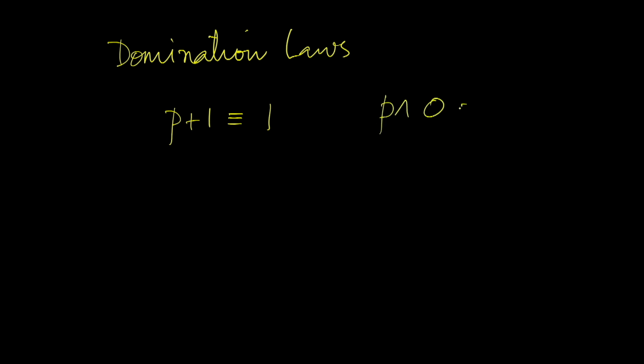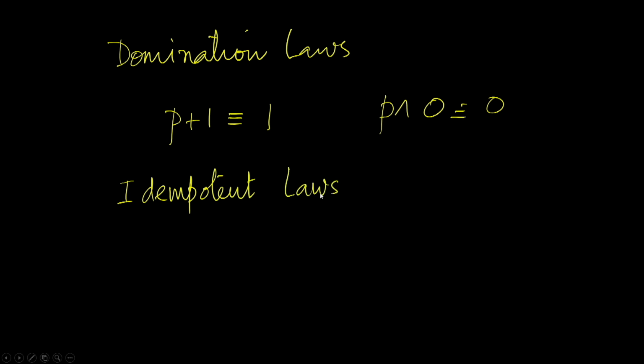Similarly, P and 0 is 0. You can verify these using the truth tables. Then idempotent laws. Idempotent laws say that P or P is P and P and P is also P.